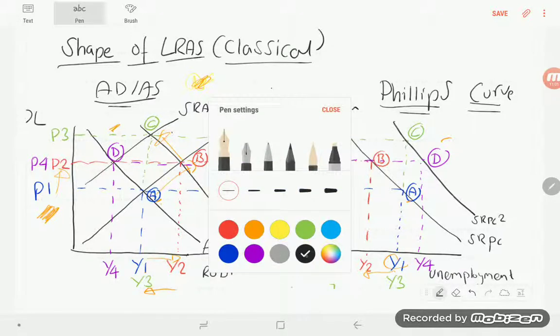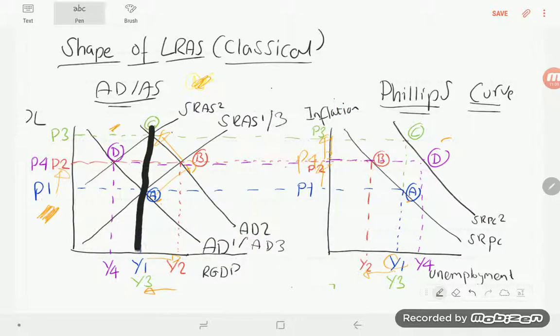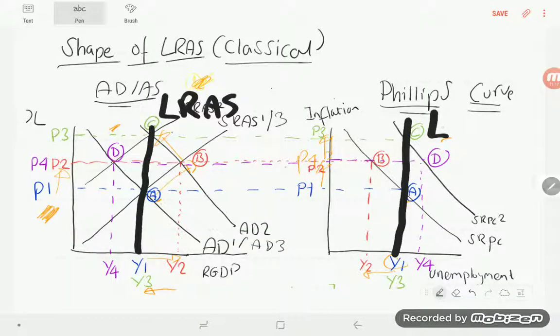So why is this important? Well, what you find is that over time, we will constantly get back to the long-run aggregate supply level, which is the mirror image of the long-run Phillips curve. We've said roughly that about 5% is the natural rate of unemployment.